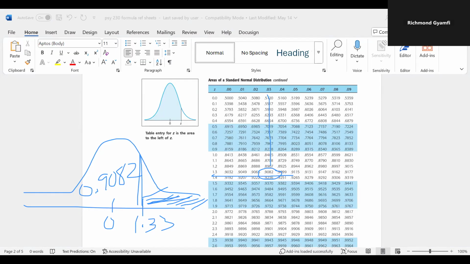Now for the next one, it's telling us to find people who are truly unhappy. Probably let's go back to the problem and check what is going on.